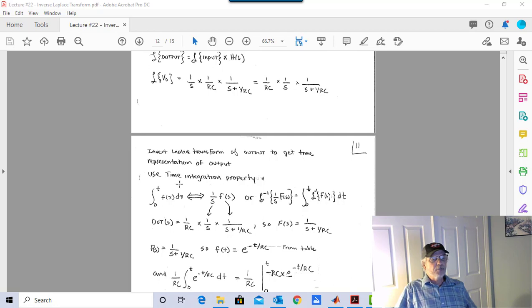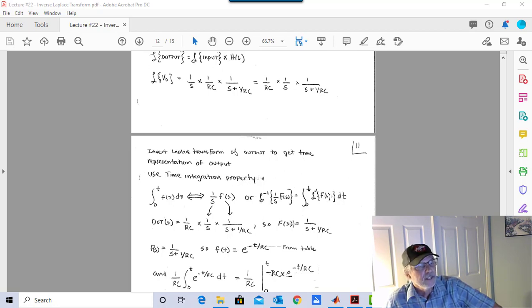This is my property right here. So the inverse Laplace of 1 over s times F(s) is equal to the integral from 0 to t of the inverse Laplace transform of F(s) dt.